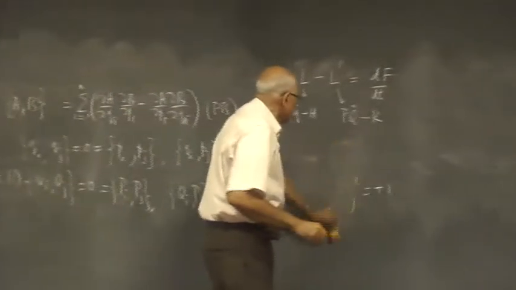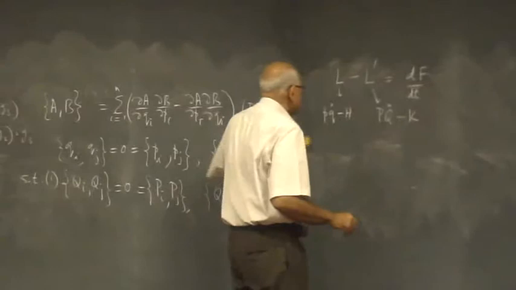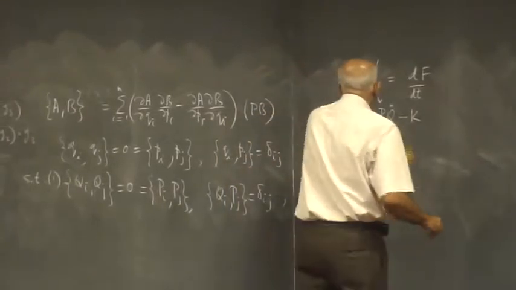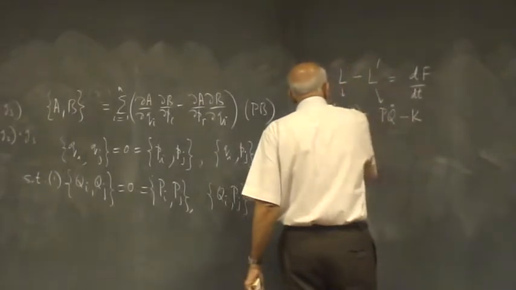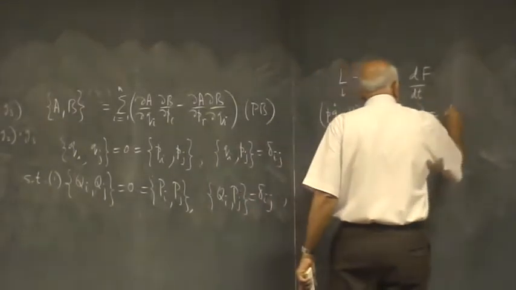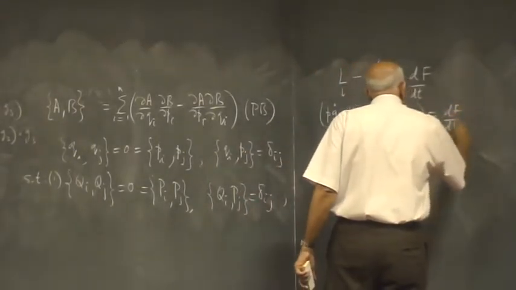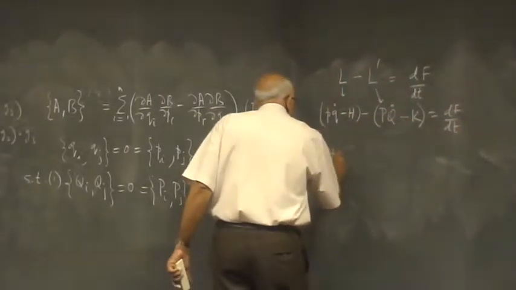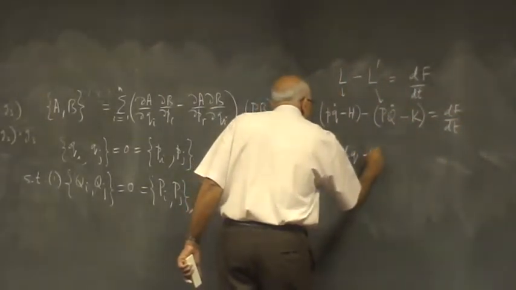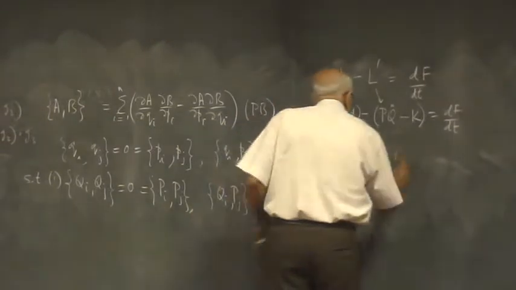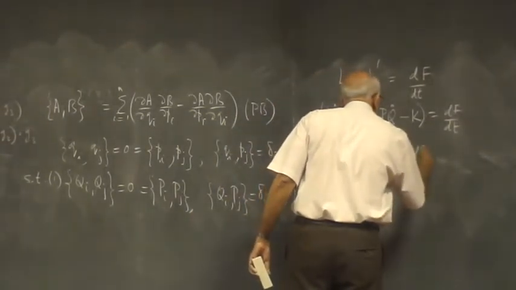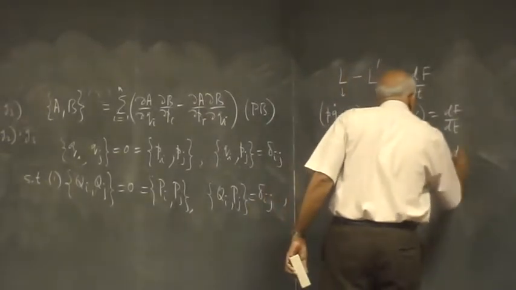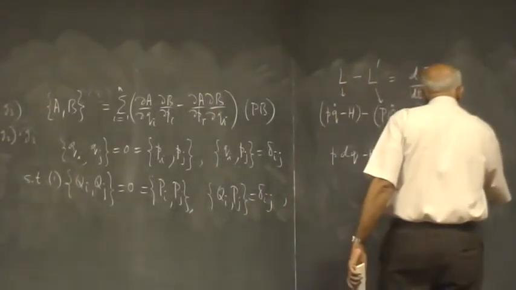So this tells you that this structure is preserved as long as the action is not changed, as long as this fellow minus that should be equal to df over dt. So it immediately tells you that p dq minus h dt minus p dq plus k dt should be equal to df.